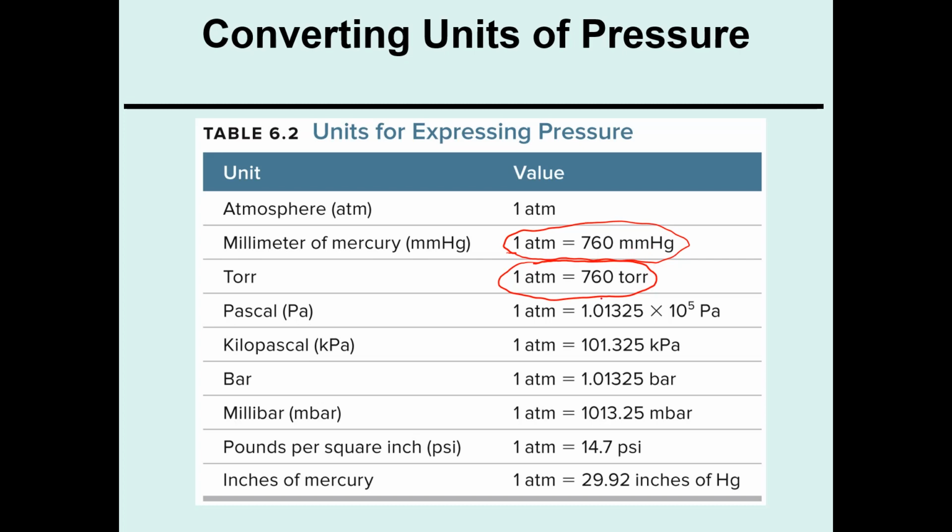They both happen to be 760, so you just have to remember that 1 atm is equal to 760 torr, or 760 millimeters of mercury. The rest of these you do not need to memorize. You would be given those if you needed to do the conversion. And there's also a set of these in your book, so if you're working on them for homework or for a practice problem, then you can look those up.